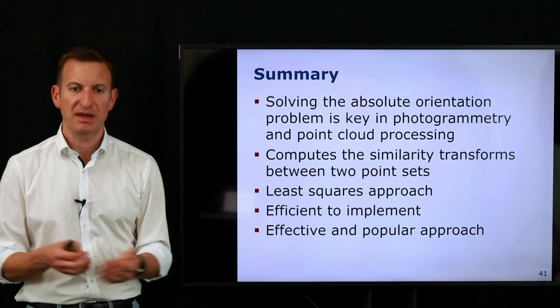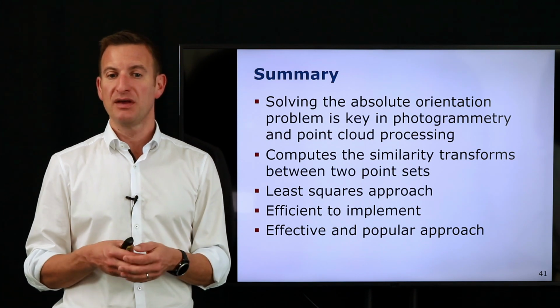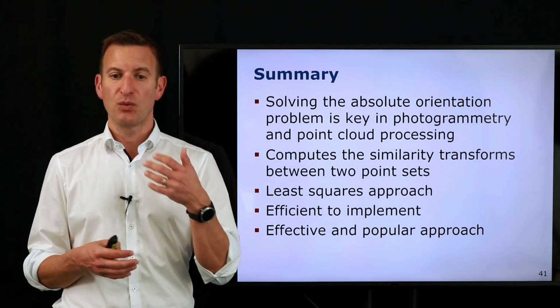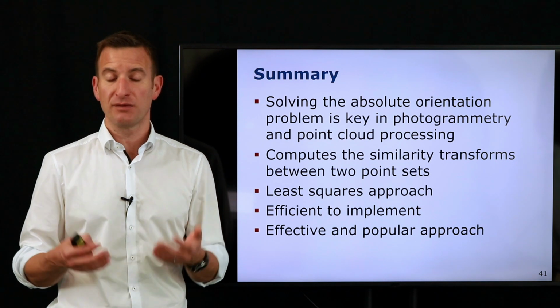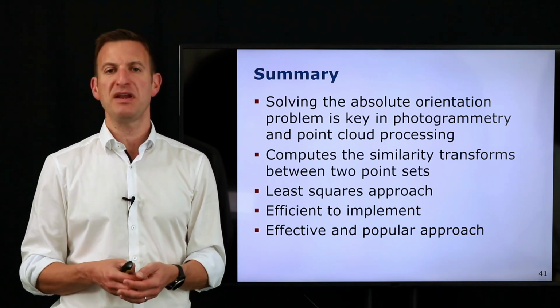So with this, I'm coming to the end, and I hope I have explained how this minimization actually works. So we are solving the absolute orientation problem, which is a key problem in photogrammetry, especially in 3D reconstruction.